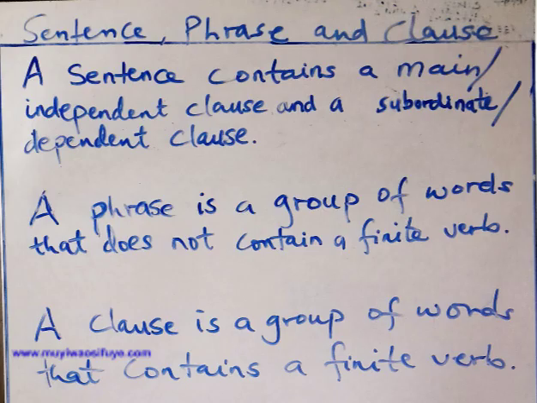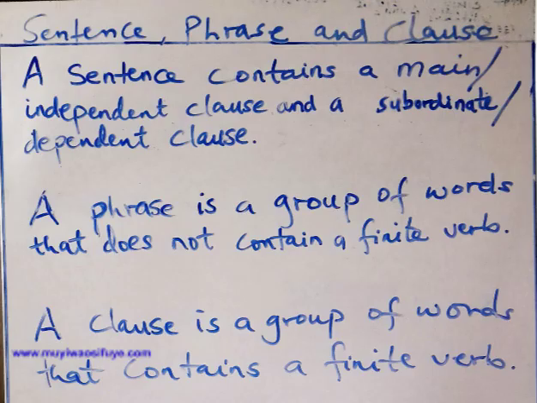You should also note that all adjectival clauses and adjectival phrases are also referred to as relative clauses or relative phrases, and they are usually introduced with the following relative pronouns: that, who, whose, which, and whom.